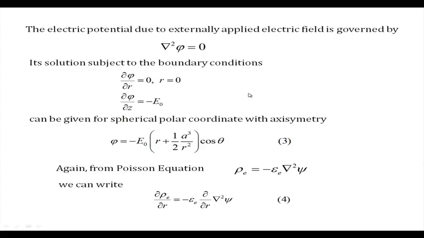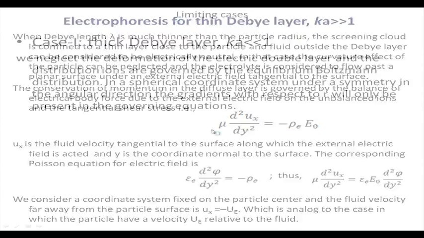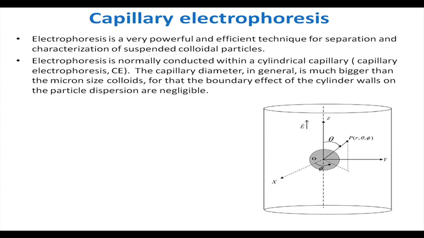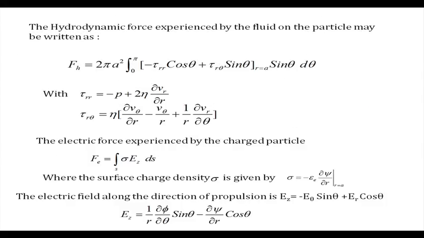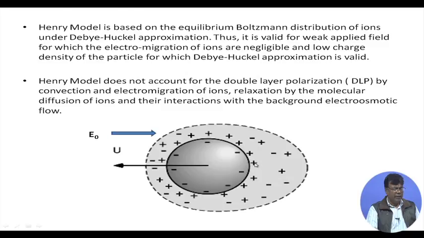See, the way we have discussed double layer polarization is that, if the Debye length is not thin, then the ions, as we move away from the particle, will be loosely connected, because the shielding effect is not strong as we go away from the surface of the particle.